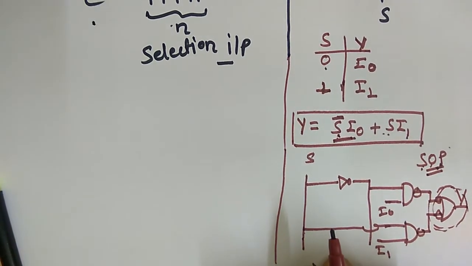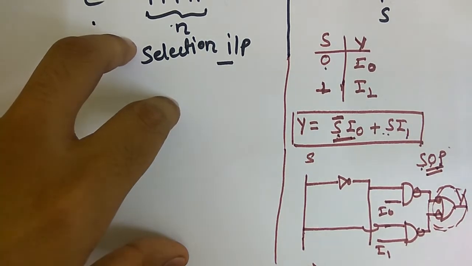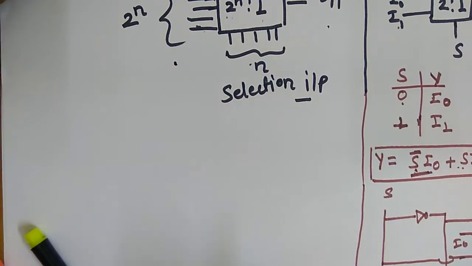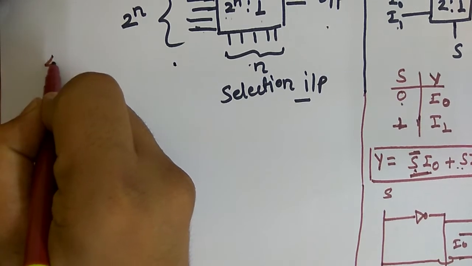Then we will see the 4:1 mux, and after that we will implement the higher order mux with the help of lower order mux. So guys, the 4:1 mux.